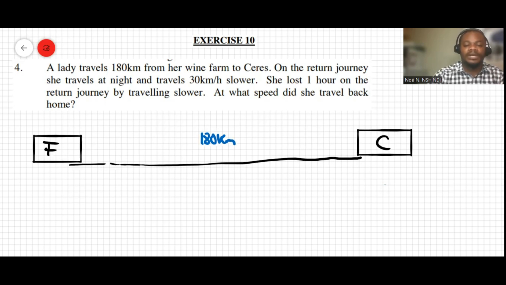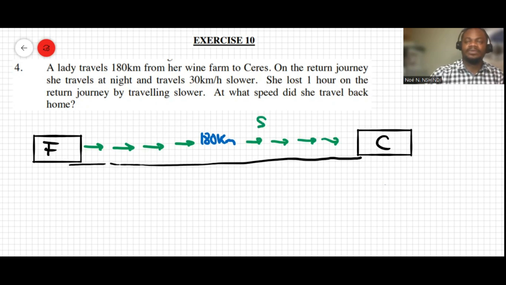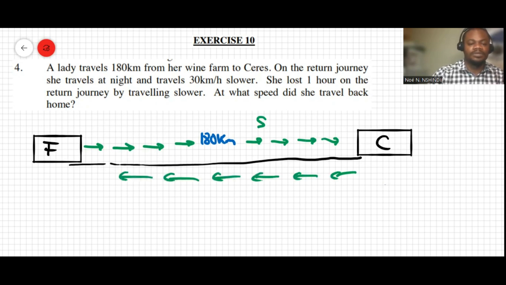And then it says that on the return journey, she travels at night and travels 30 kilometers slower. So it implies that when she travels to there, if the speed was s, meaning in the return, the speed will be s minus 30 because it says 30 kilometers slower.